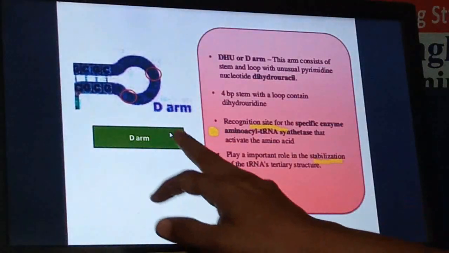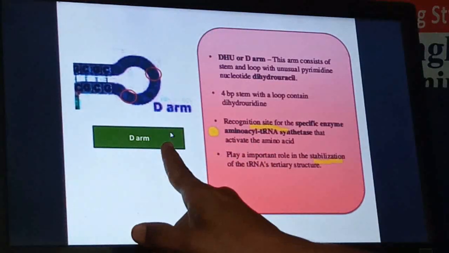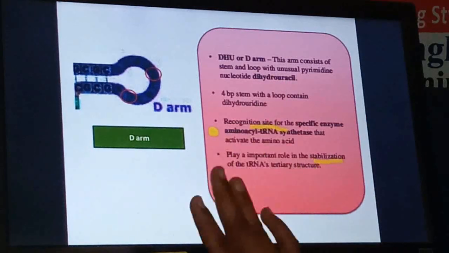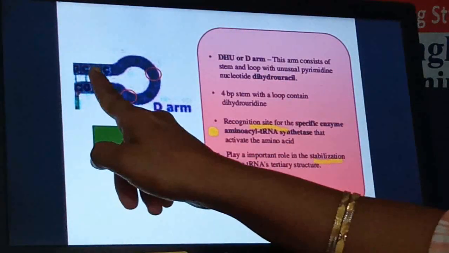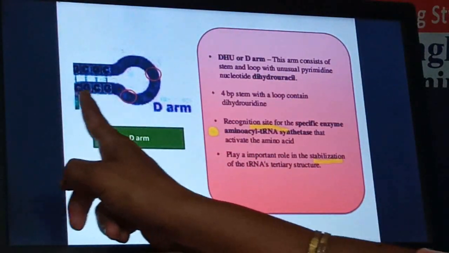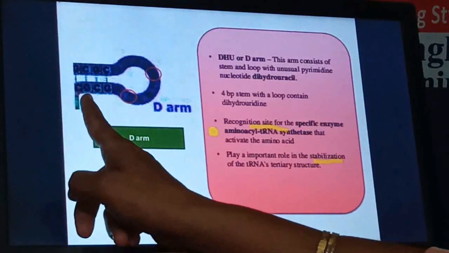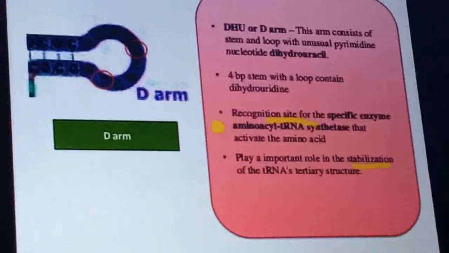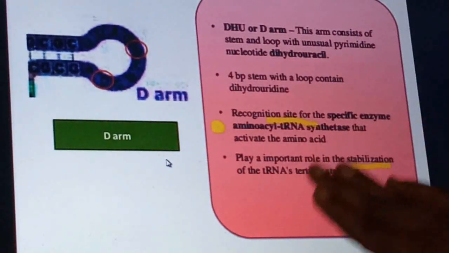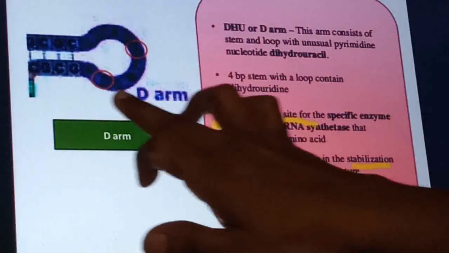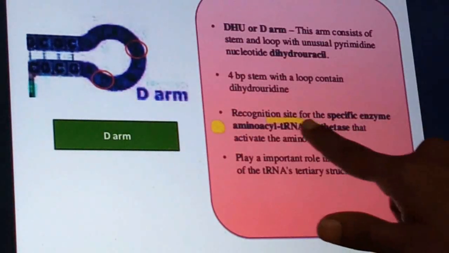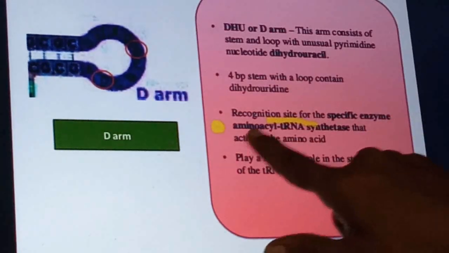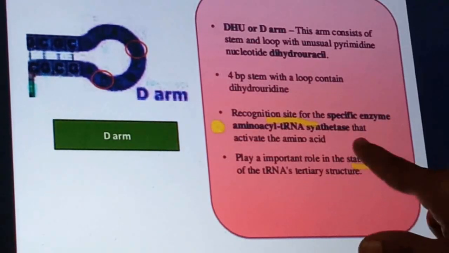First take the D loop or D arm. Actually this has a 4 base pair stem, 1, 2, 3, 4. So this 4 base pair stem is formed, and it contains dihydrouridine. This is the D arm. This is actually a recognition site for a specific enzyme, aminoacyl tRNA synthetase.